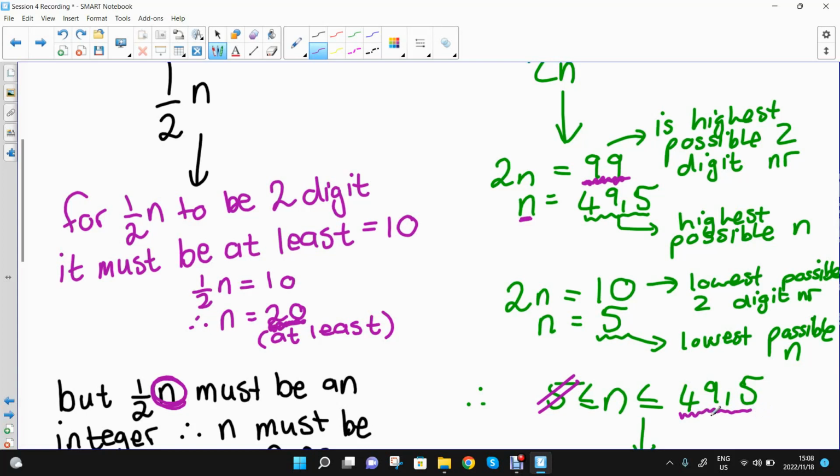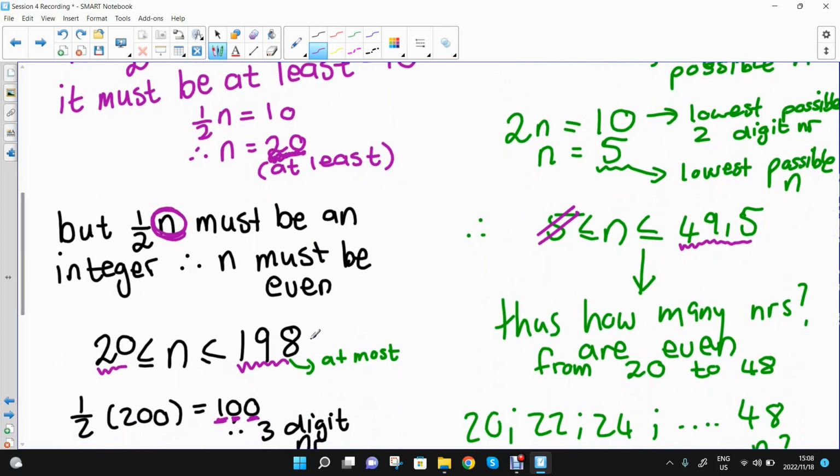So I cannot go higher than 49,5. If you go to your interval on the left-hand side, that discards the 198 immediately because that is already bigger than 49,5.